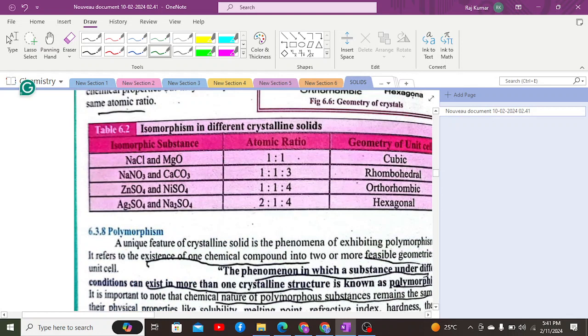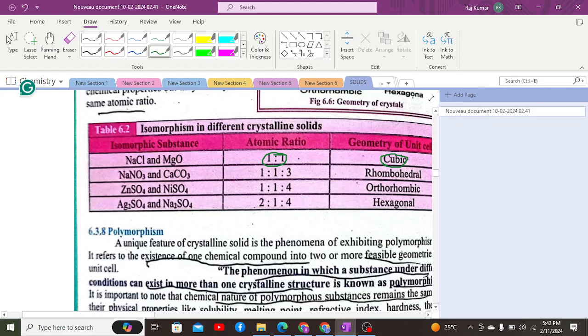Moreover, some examples are given in our books, that here sodium chloride and magnesium oxide, such that they are having their atomic ratio as 1:1, right? Such that they have 1:1 as the atomic ratio. And apart from that, the geometry of the unit cell is cubic. We are going to discuss what is the characteristic of each and every geometric cell.